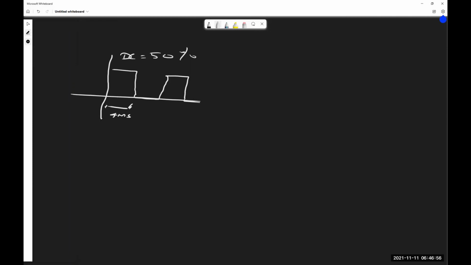It's not the full cycle. The full cycle is from here to here, but we only have the pulse width. So the question is the frequency. We have duty cycle equal to 50% and pulse width 4 milliseconds, and we're going to find the frequency.